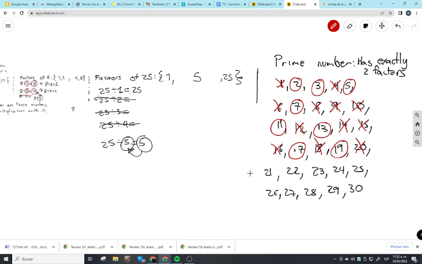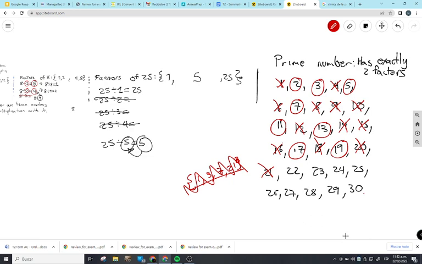What are the factors of 21? 1, 3, 7, and 21. So, does it have exactly two factors? No. Be careful. Okay, so as a challenge for you, I'll let you find which of these remaining numbers in this list is prime and which is not.